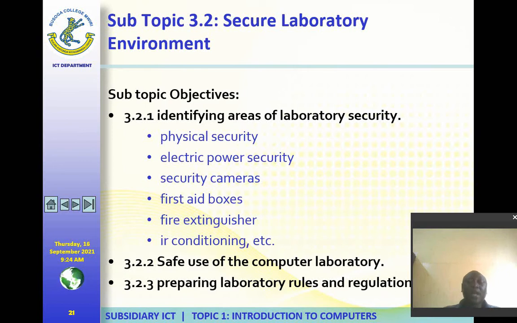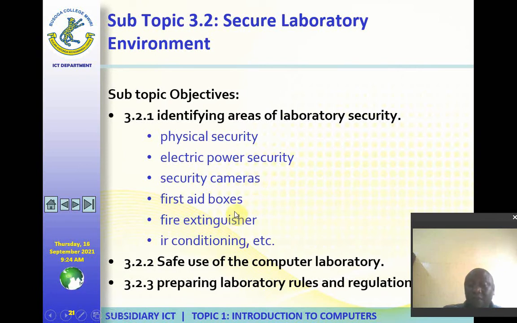So we are going to look at the physical security, which is very important. How are the computers going to be safe? How are they going to be monitored? We are also going to look at the electric power security. Then we shall also cover the security cameras, which is another security measure.